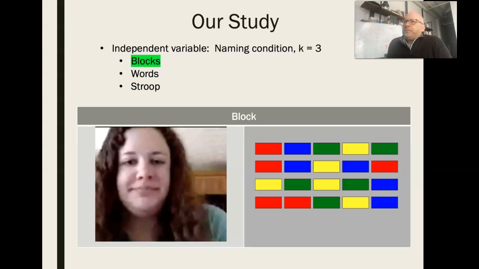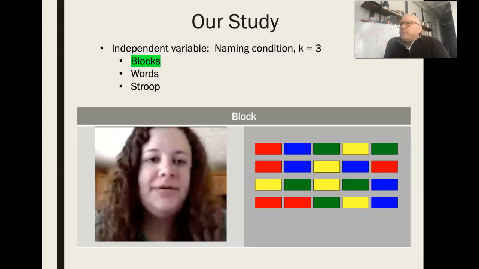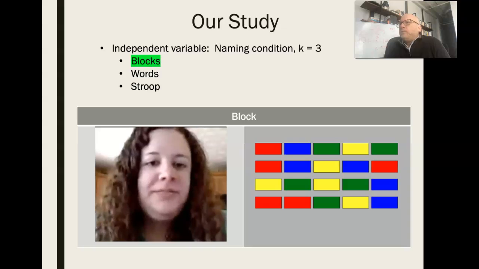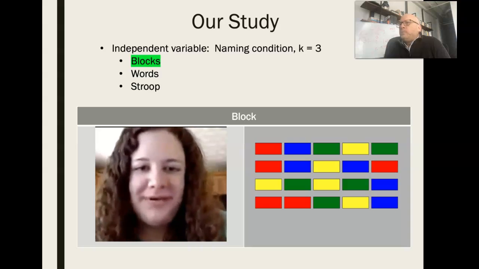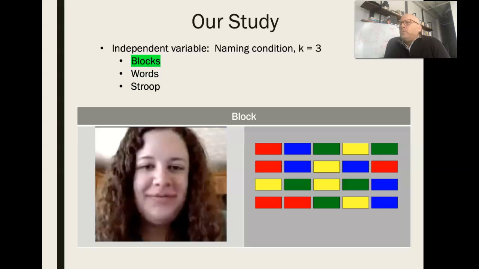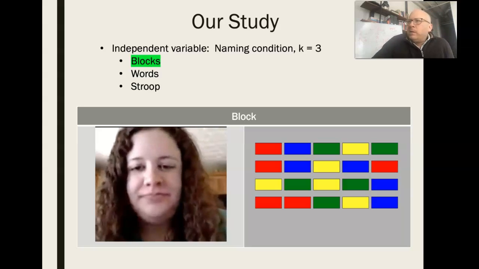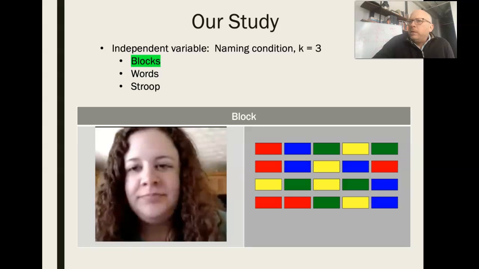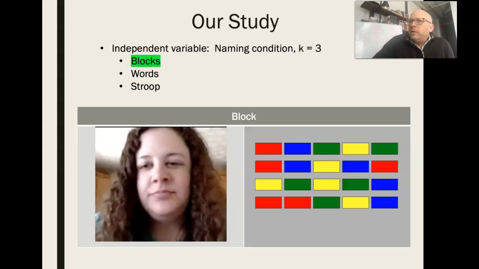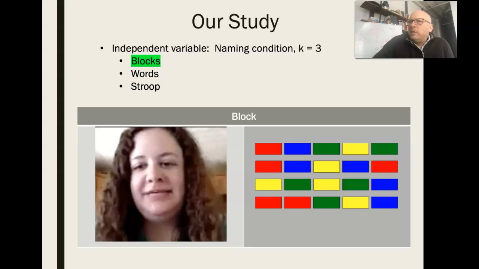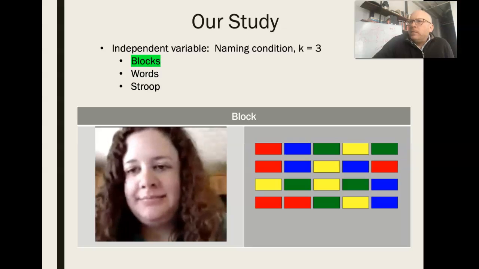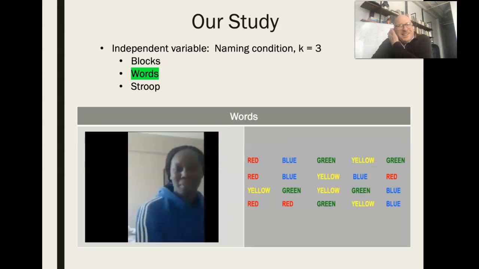Go. Red, blue, green, yellow, green, red, blue, yellow, blue, red, yellow, green, blue, red, red, green, yellow, blue. All right. How long did that take you? 8 seconds. 8.9. All right, so that's a block condition.